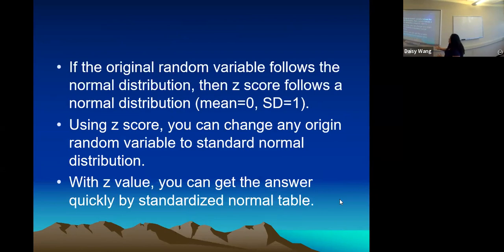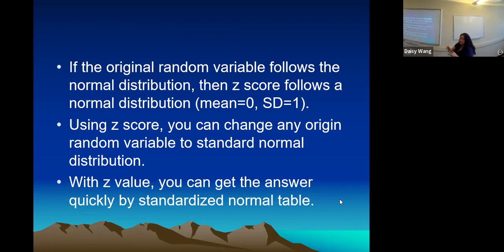We just want to convert it to a Z score so that we can know how many percent is underneath the bell shape. So the Z score is the same as a normal distribution, but we convert it to mean equal to 0, and the standard deviation is 1.